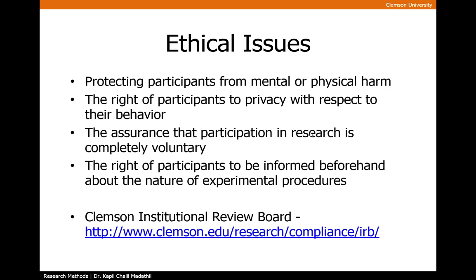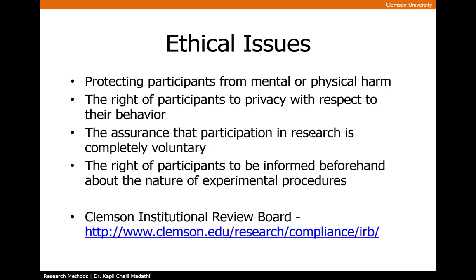Often they cannot be told the exact nature of the hypothesis, because if we tell them the exact nature of the hypothesis, that might bias their behavior. However, we need to inform the participants of the potential benefits and the potential risks associated with the study. And we should tell the participants that all the results will be kept anonymous and confidential.